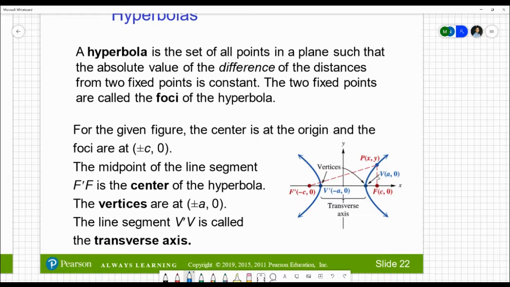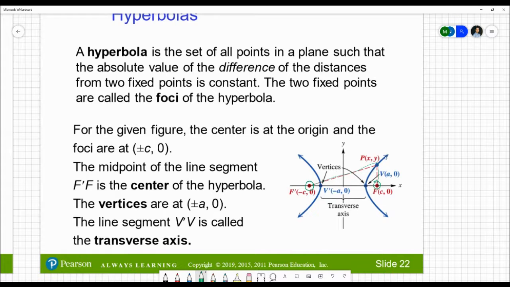So here's what they're talking about. We have the two foci. This point and this point, the difference from here to here and here to here is always going to be the same number, no matter which point you pick on this hyperbola.